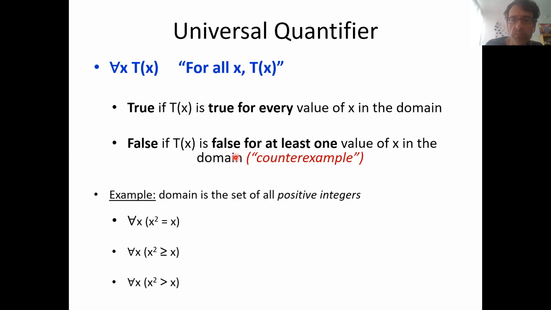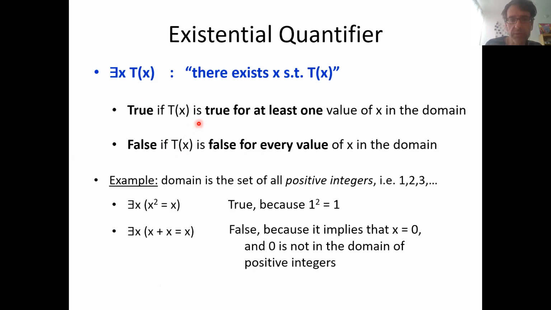So if you want to argue that this statement is false, all you need to do is find a single x which makes t of x not hold, right? Likewise, the reverse is true for the existential: if you want to prove that it is true, you only need one example.